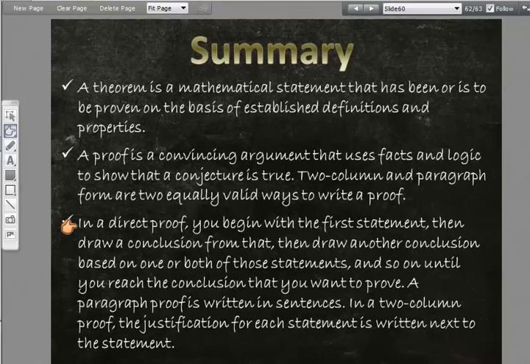In a direct proof, you begin with the first statement, then draw a conclusion from that, then draw another conclusion based on one or both of those statements, and so on until you reach the conclusion that you want to prove. A paragraph proof is written in sentences, and there's more about this in the LMS. And in a two-column proof, the justification for each statement is written next to the statement.